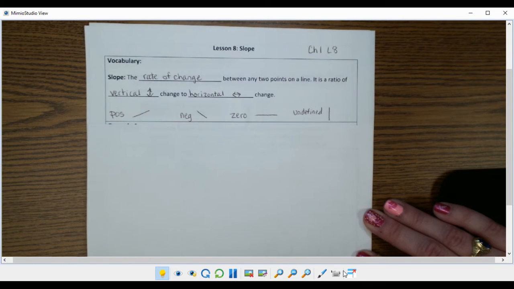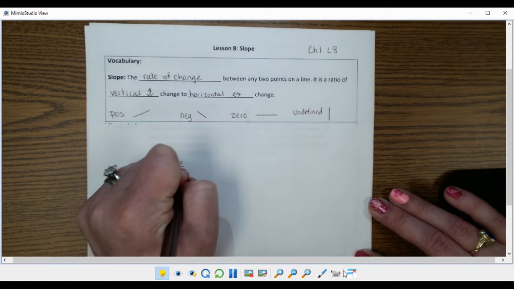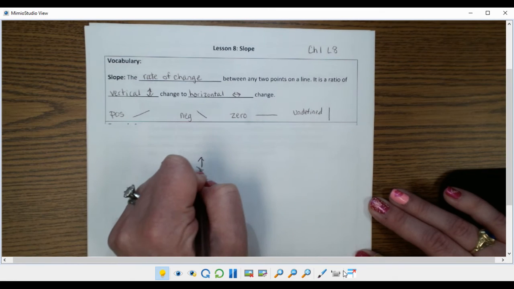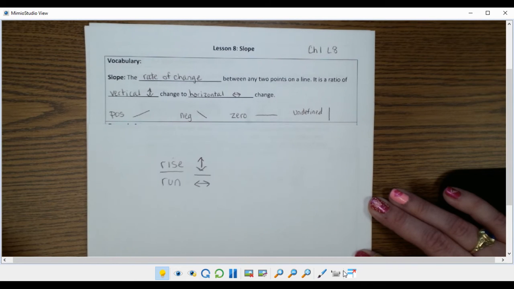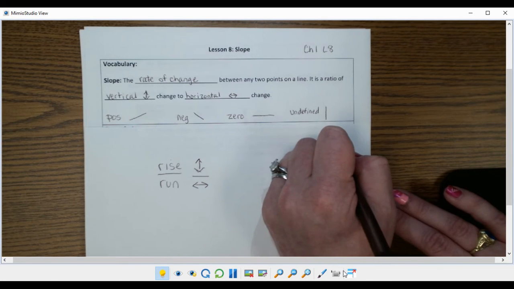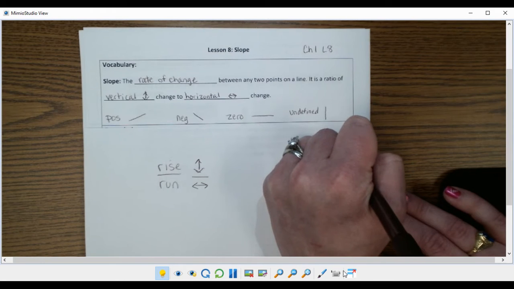Some other words that you're going to hear a whole lot as we talk about slope are rise over run. Exactly what it sounds like. Rise is the change in vertical, and run is the change in horizontal. Now, a fancy term for you: in high school science, you're going to learn that the triangle, sometimes called delta, actually means change.